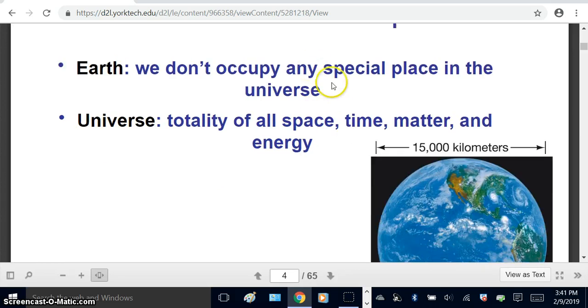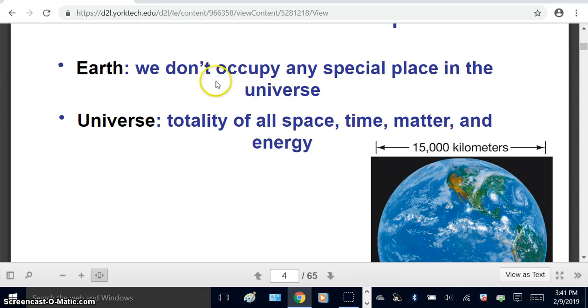Copernicus, as we're going to talk about in a little bit, turned that idea on its head and said that no, really the Sun, our star, turned out to be the center of the universe. And of course, in the beginning of the 20th century, we found out that even that was wrong.